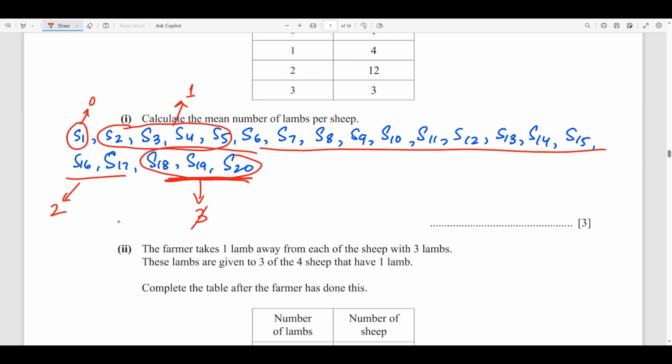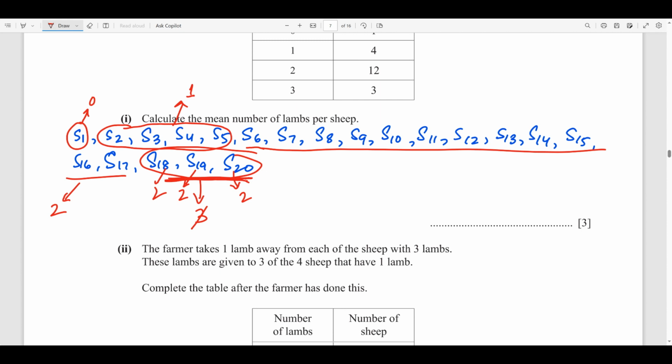One is taken away, so this has two, this has two, this has two. So notice that the category of two has increased. When we've taken away their lambs, there is an increment in the count of sheep that have two. So they have increased to 15, three more.